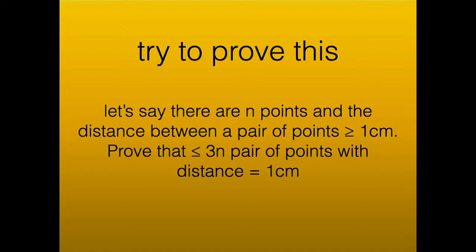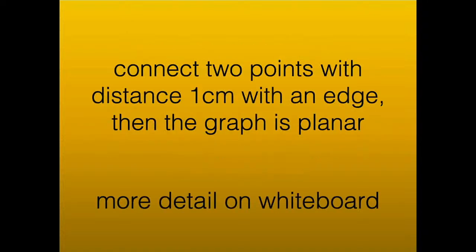If you connect 2 points that have distance exactly 1 centimeter, is that graph planar? If you have 2 lines of 1 centimeter and they cross, then one of the 4 distances would be less. Yep, exactly. So let's make it a graph. Each point is a node, and if you connect 2 points with distance exactly 1 centimeter with an edge, then the graph is planar, right?